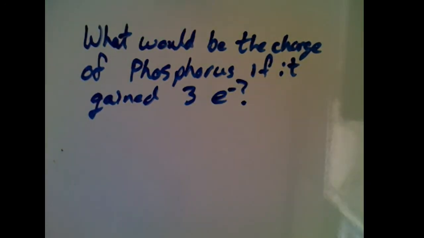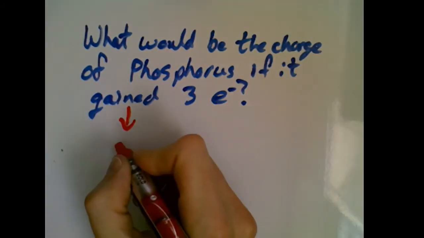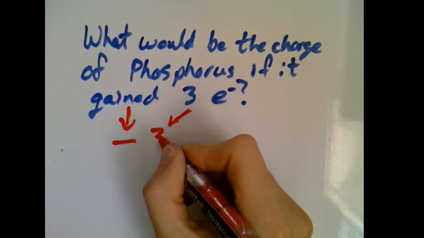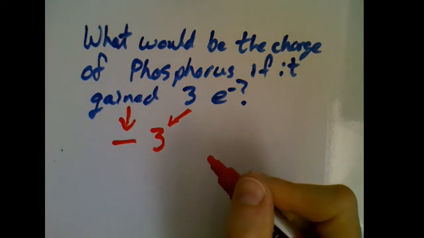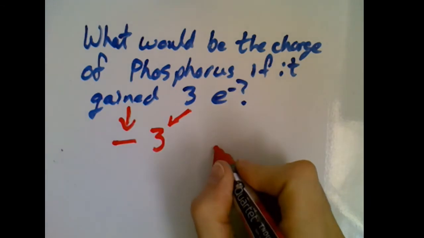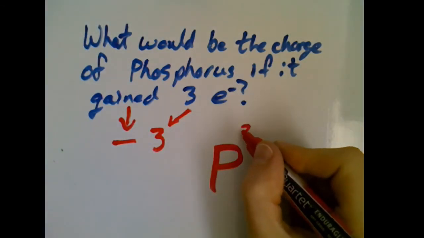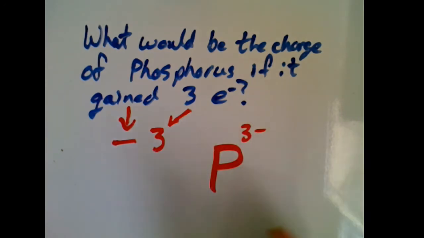Well, I know right away from reading this, gained, negative. Negative what? -3, because it gained 3 electrons. So to represent this, I draw the symbol for phosphorus, capital P, 3 minus, to represent the charge.